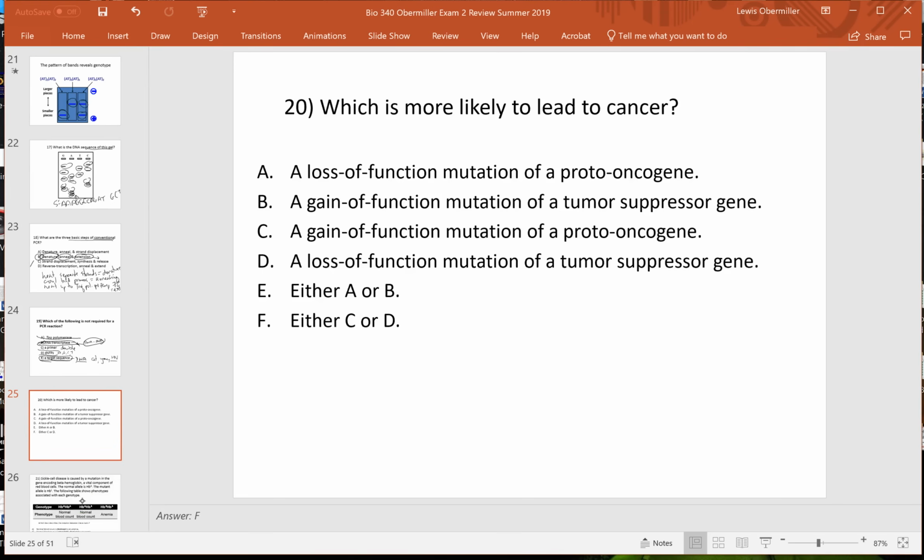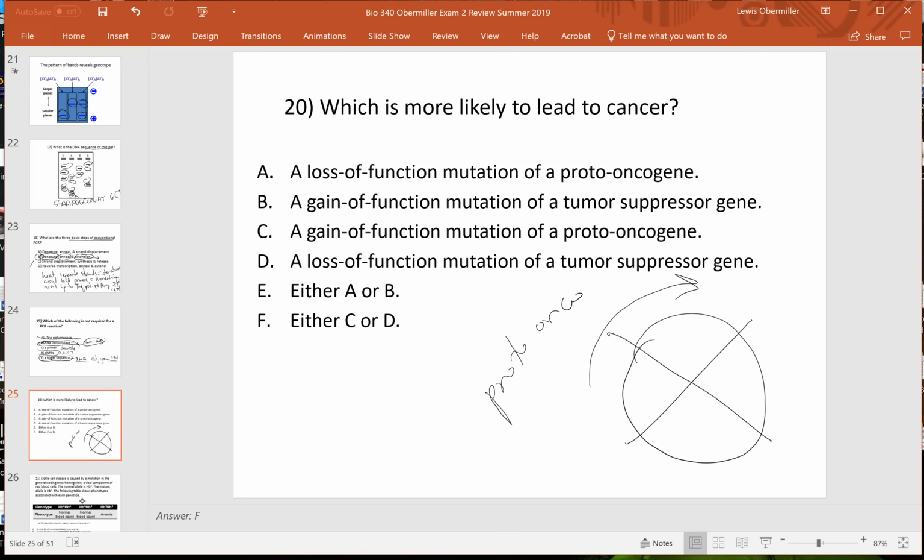Which is more likely to lead to cancer? So remember, we talked about the cell cycle, right? And there are genes that are proto-oncogenes, and those give the go signal. And then we have tumor suppressors, and those give the stop signal because they suppress tumors, right?